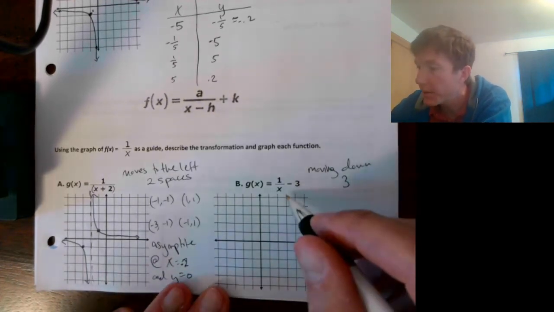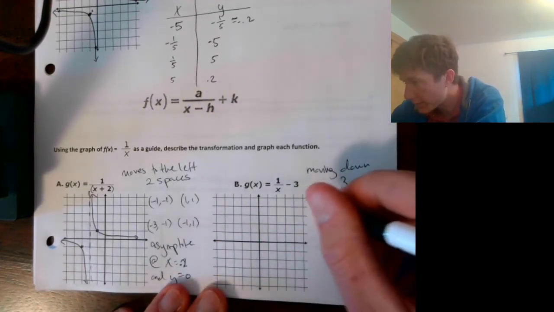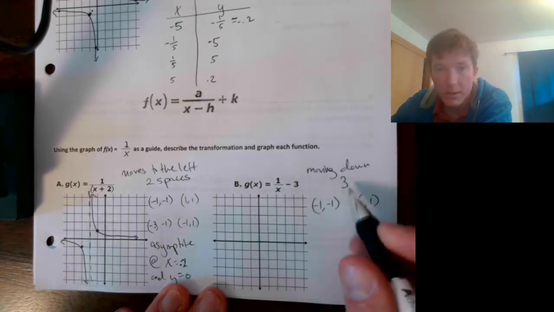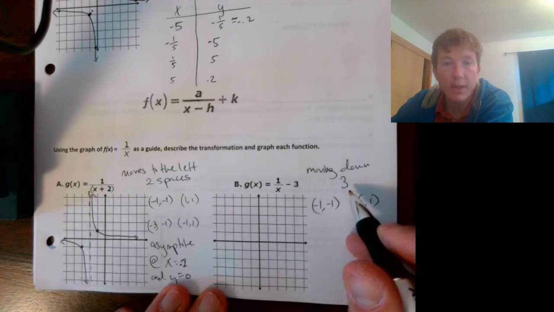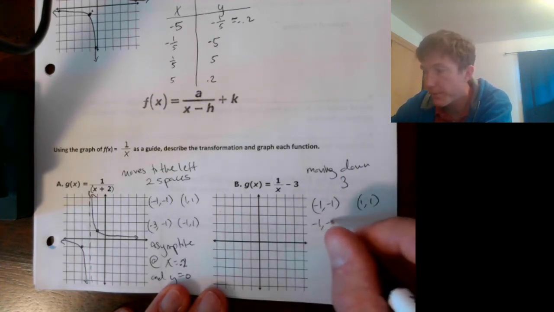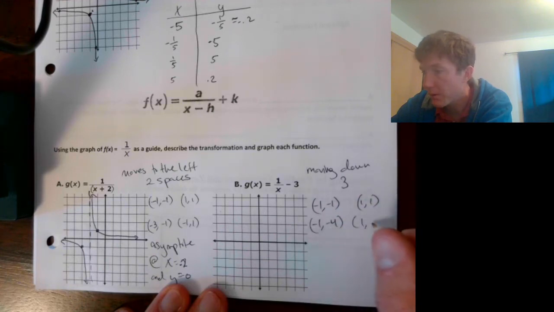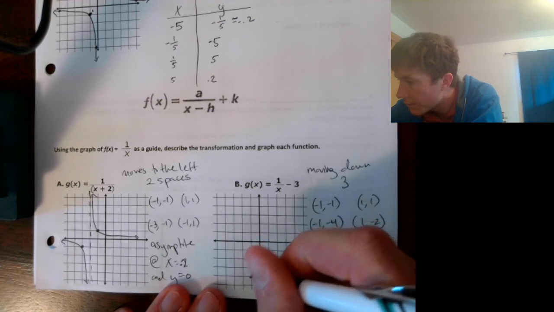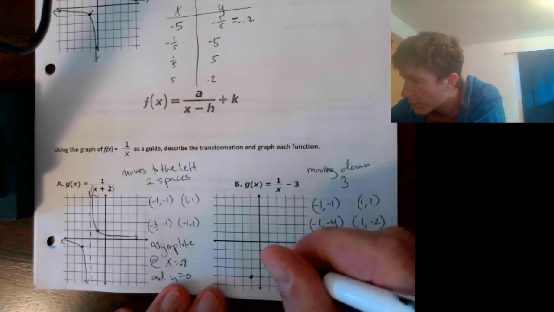Alright, next one. We're shifting down 3. So let's look at our parent points here. This is affecting the y values. It's shifting downwards, so I'm going to subtract 3 from the y values. So our new points are going to be -1, -4, and 1, -2.